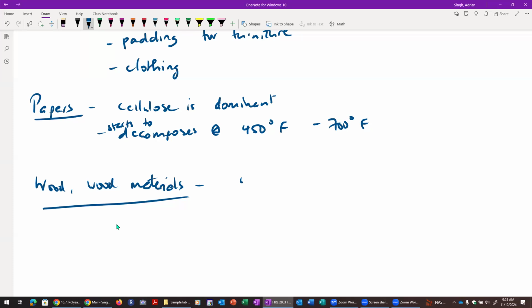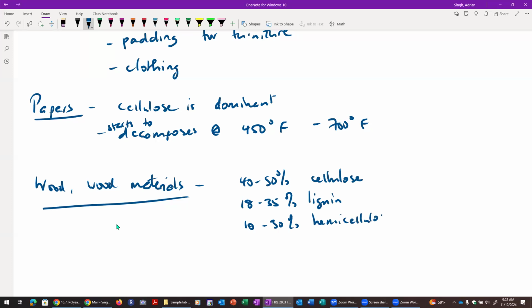So for example, there might be 40 to 50% cellulose in wood. There's about 18 to maybe 35% of something called lignin, which is another type of molecule. There's about 10 to maybe 30% of something known as hemicellulose, which is kind of a relative of cellulose.